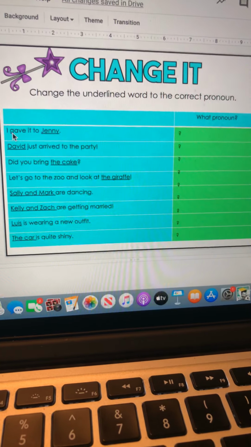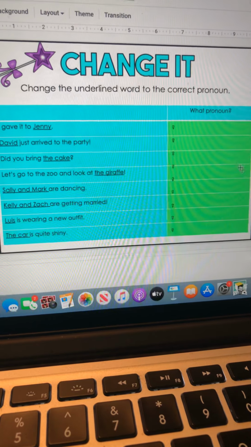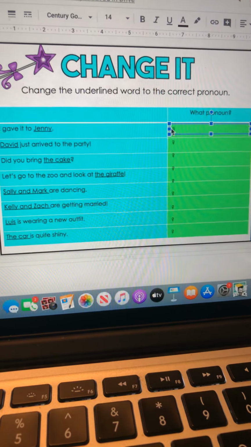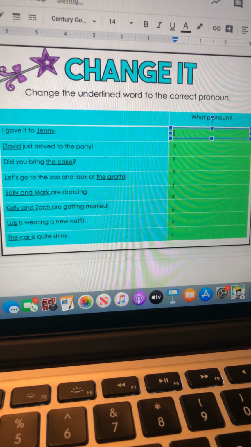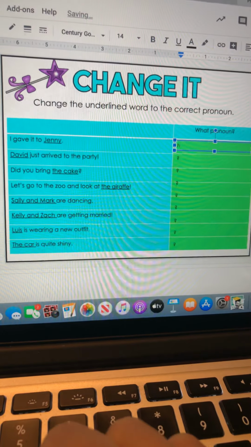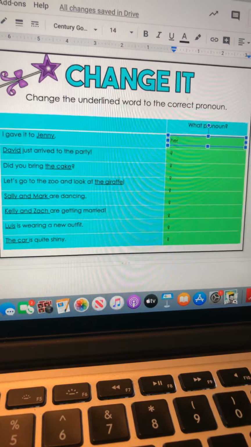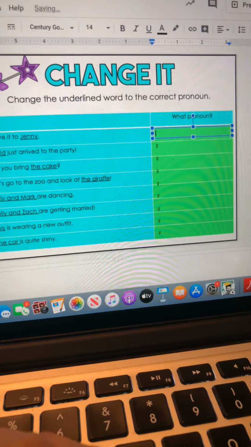So let's do the first one. I gave it to Jenny. I know that Jenny is a girl, so I can say I gave it to her. So the pronoun I'm going to use is her. And that's how you complete this section.